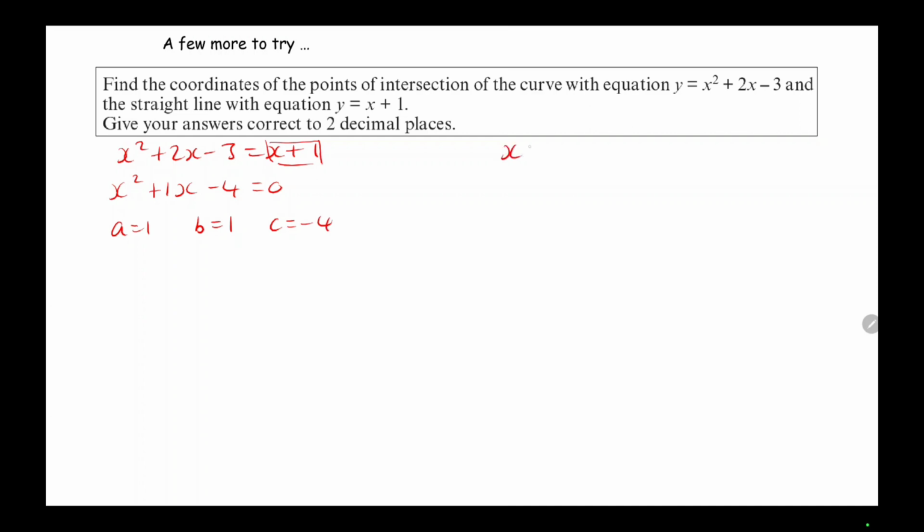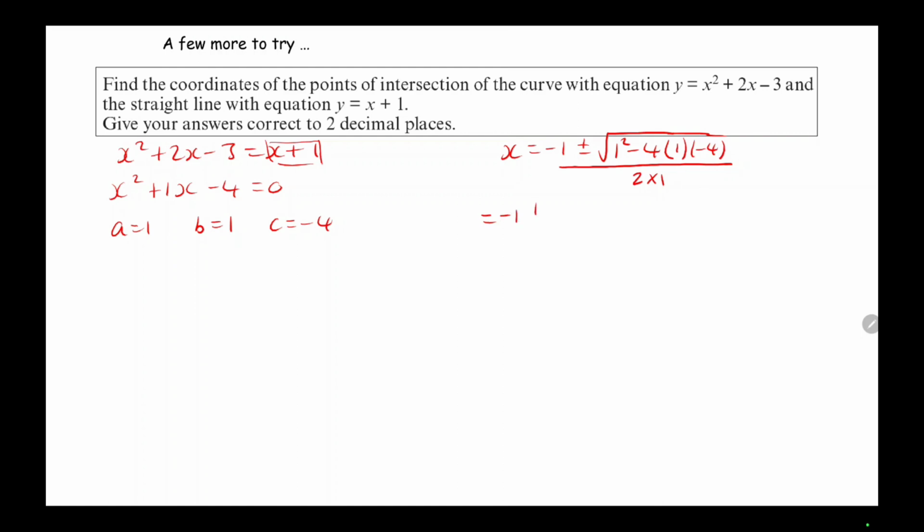Our quadratic formula becomes x equals minus 1 plus or minus the square root of 1 squared minus 4 times 1 times minus 4, all over 2a, which is 2 times 1.